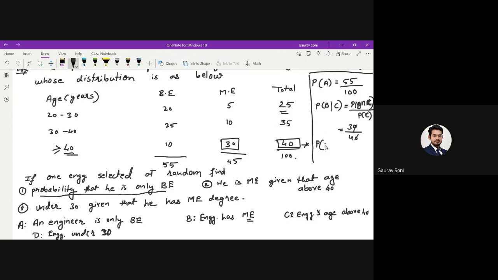Probability of D conditioned on B. What is it? 5 by 45, which is 1 by 9. That is the final answer.